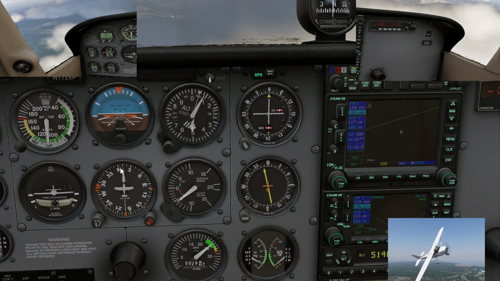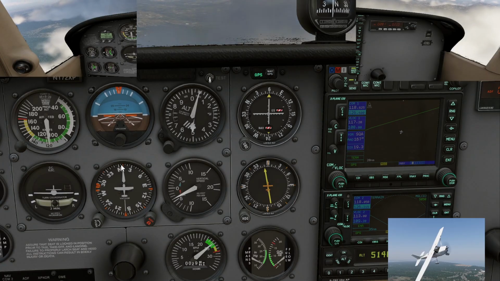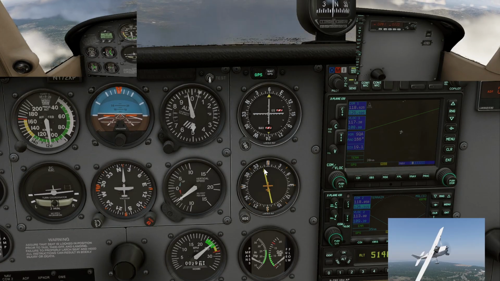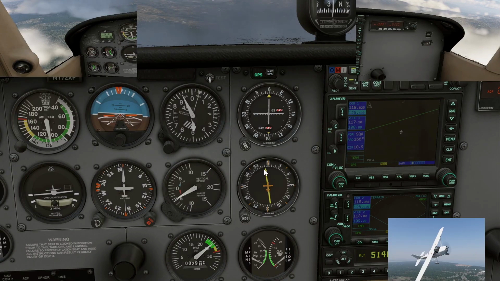So how many degrees correction is that? Well, from 360 to 10, that's 10, plus the 3 there is 13. So I'm going to be looking here, push the head. There's the head at 10, there's the head at 13. Looking for 4,200 feet. Let's go back to 357.